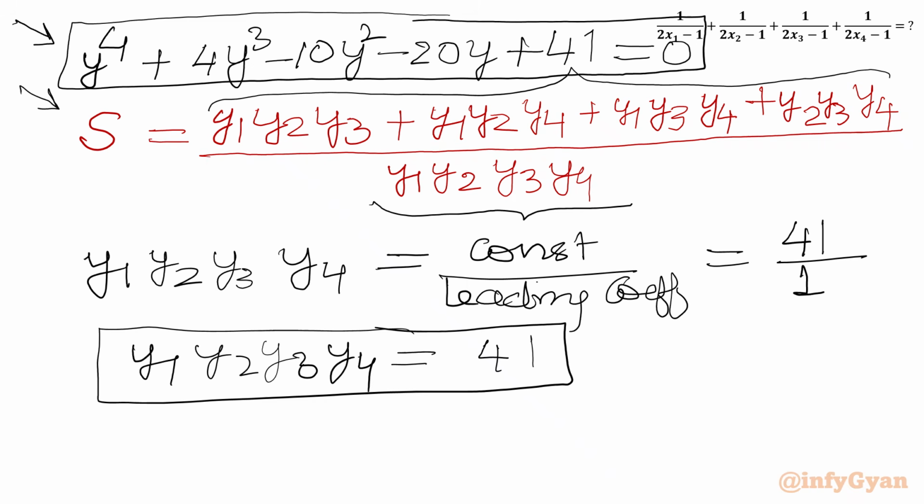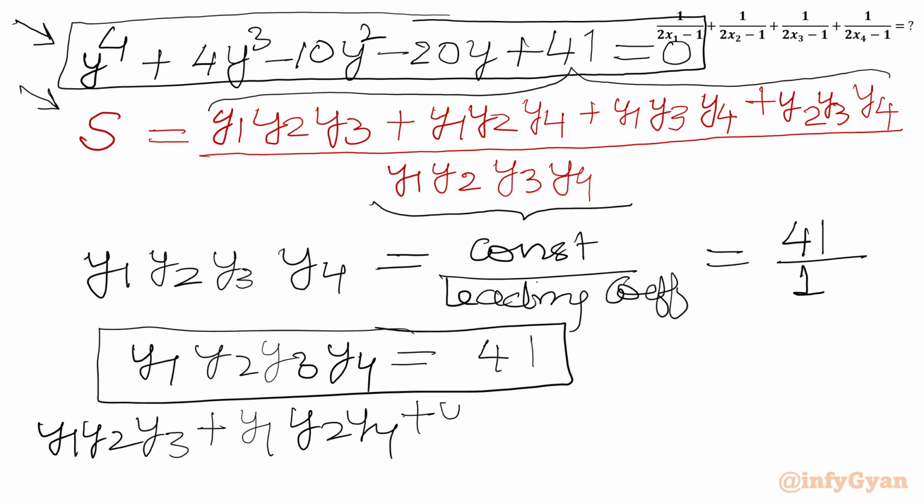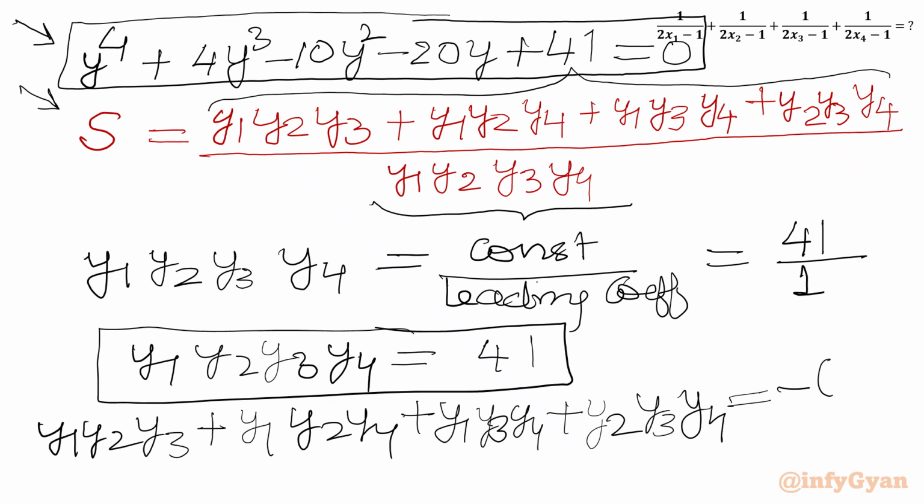Now we will calculate the sum of roots taken 3 at a time, which is our numerator in the required sum expression. So I will write y1, y2, y3 plus y1, y2, y4 plus y1, y3, y4 plus y2, y3, y4. This would be equal to minus of the coefficient of y over the leading coefficient.